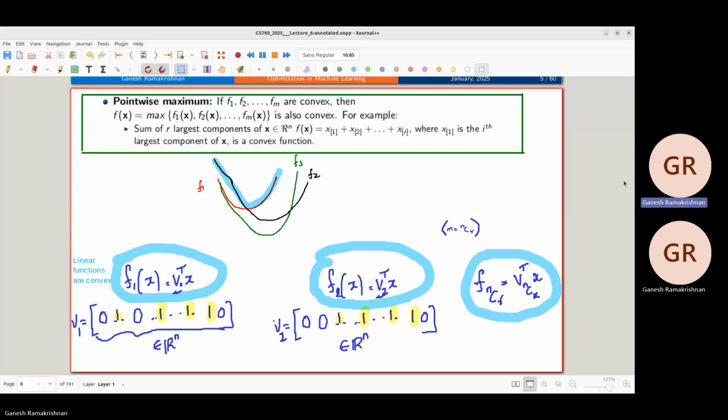So far we are talking about maximum, but this is supremum. Instead of calling it max, I'll call it supremum. Why? Because a max is guaranteed to be attained. A supremum may not be attained, and that's especially true if you're looking at uncountably infinite.